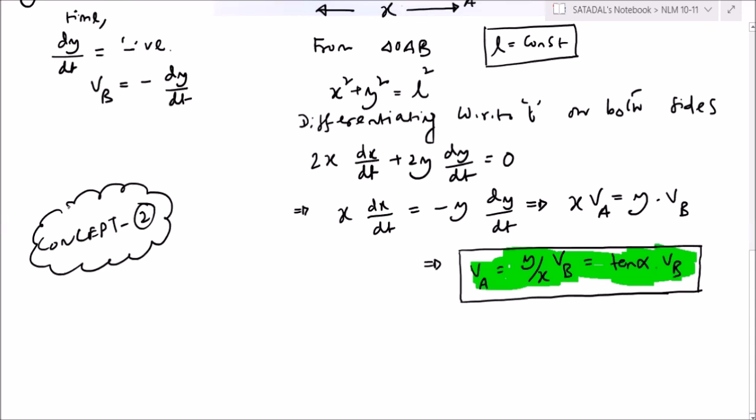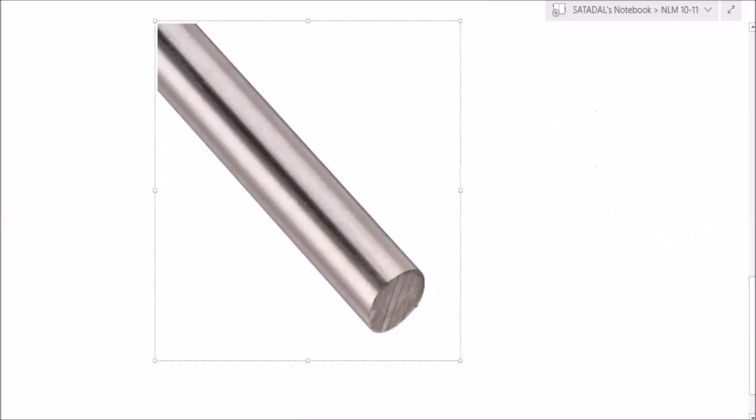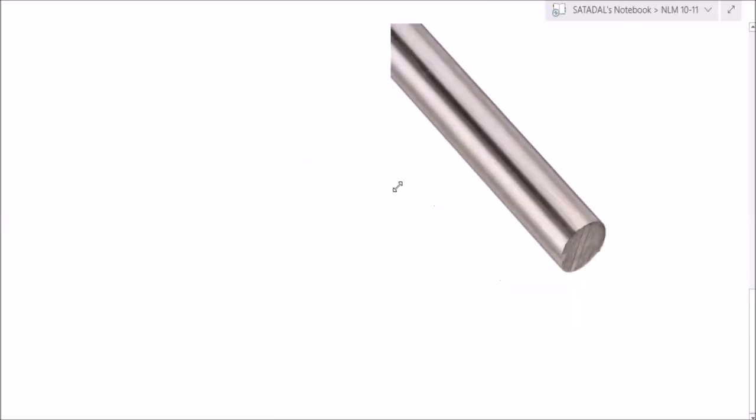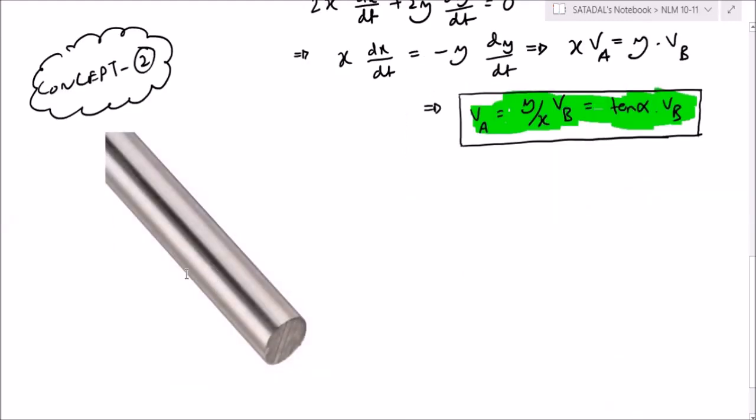Before going on to the application of concept 2, I will first explain concept 2 properly. See, basically we are seeing a rigid rod here, right?